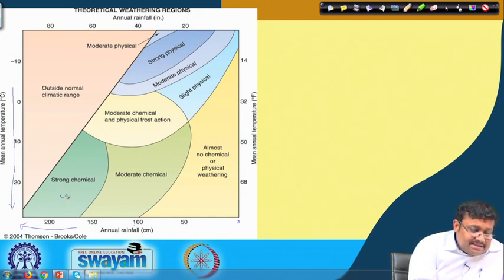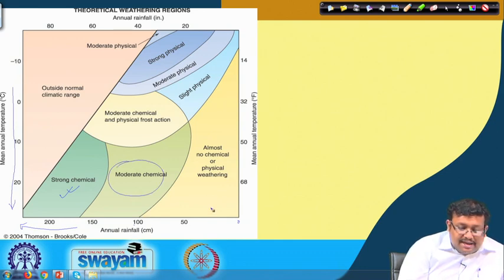As you can see in this zone where there is a high annual rainfall, around 200 centimeters or more, as well as a high mean annual temperature, there will be predominance of chemical weathering. Whereas, when the annual rainfall goes down to below 150, there will be moderate chemical weathering. And here where there is a low amount of annual rainfall, there will be almost no chemical weathering.